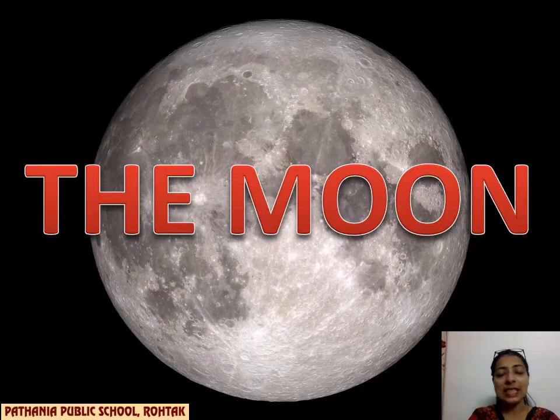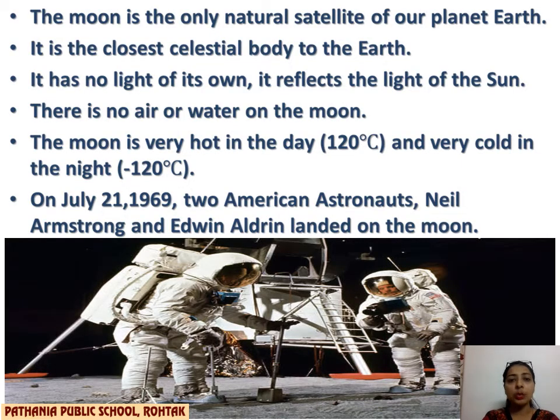So now let's discuss the moon in detail. The moon is the only natural satellite of our planet Earth. How many satellites do we have? We have only one satellite, that is the moon. It is the closest celestial body to the Earth. It has no light of its own. It reflects the light of the sun. And I just told you that satellites do not have their own light. They shine because they reflect the light of the sun.